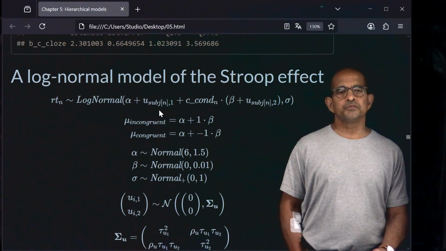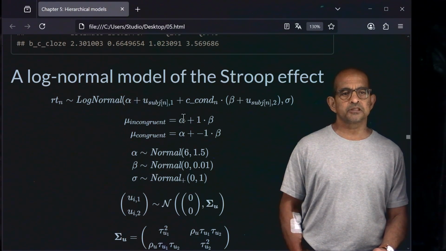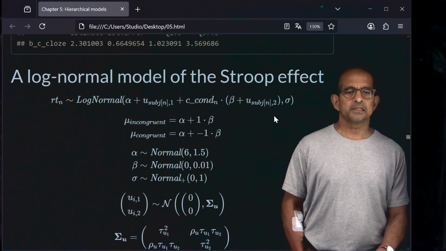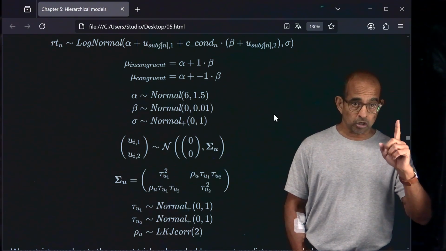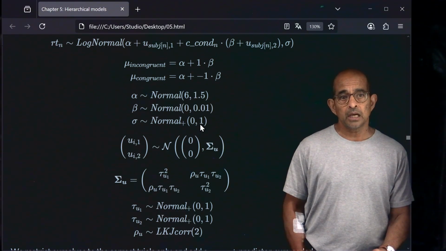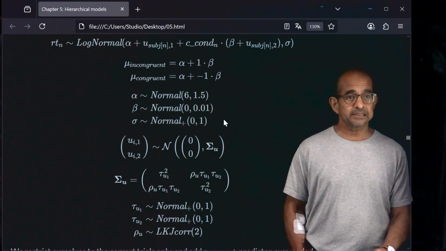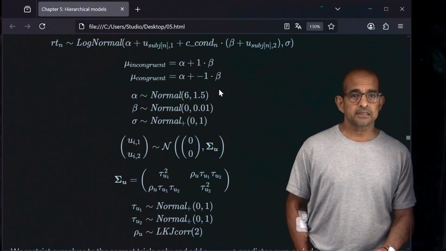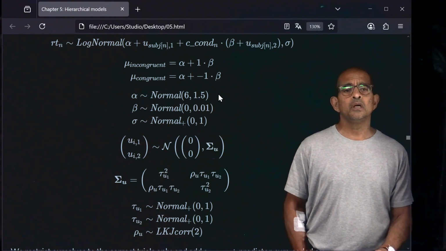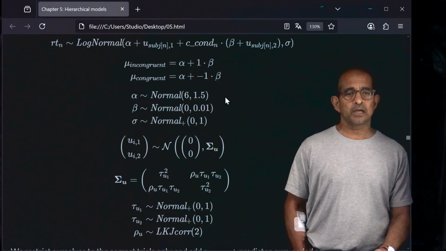The rest is all familiar to you. We have the intercept adjustments, slope adjustments. We can assume a correlation between them, and the rest is completely standard, except that we are working with the log normal likelihood. Therefore, our priors have to reflect the scale of the parameters. As I discussed in chapters 3 and 4, for the log normal likelihood I want to have reasonable priors.